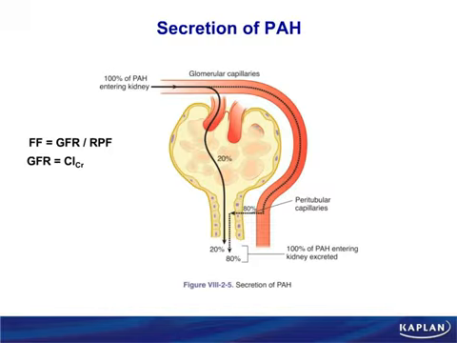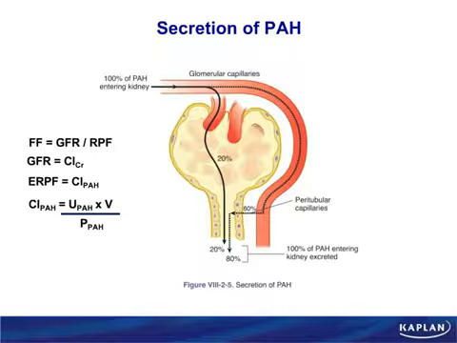And for renal plasma flow, we will use clearance PAH. So they will give you these values in the question. So to calculate the clearance PAH, they will give you the urine concentration of PAH times the urine flow rate over the plasma concentration of PAH. You will use this equation to calculate the clearance of PAH.